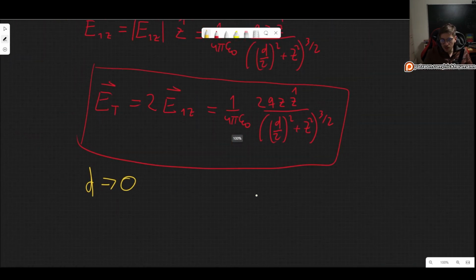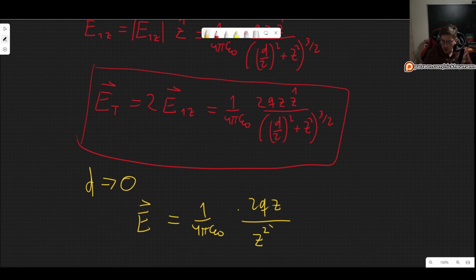If d were to go to 0, our electric field would be 1 over 4 pi epsilon 0 times 2q times z divided by, and now this thing is 0, so we get z squared to the 3/2. Now this 1/2 cancels out that one, so we get z cubed, and we have z cubed here as well, so we end up with z squared. And then finally, we still have z hat.